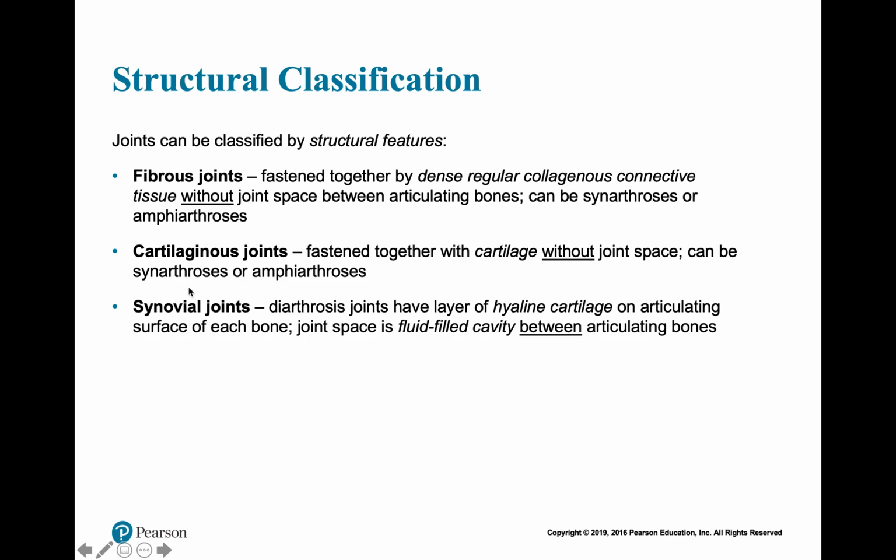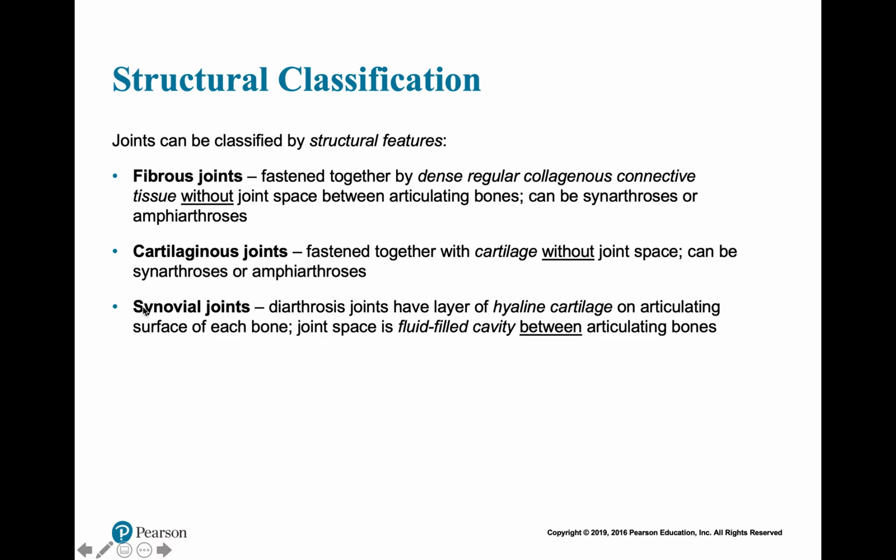And the reason why they're called synovial joints based on their structure is because of the presence of a synovial membrane. All right, remember when we talked in chapter 4 about membranes, a synovial membrane is a specialized type of connective tissue that secretes a synovial fluid.